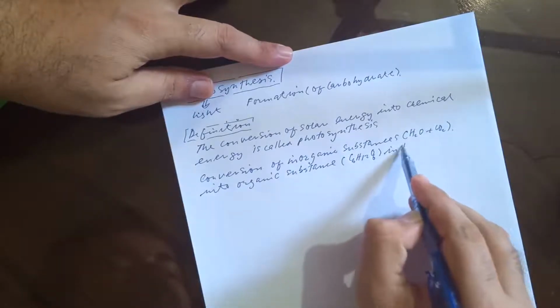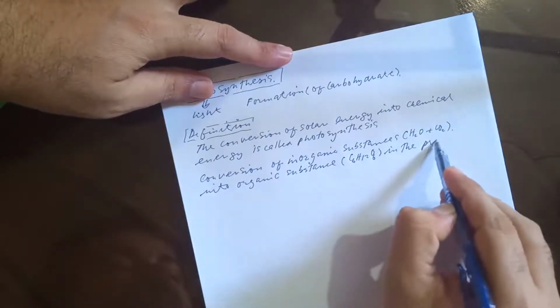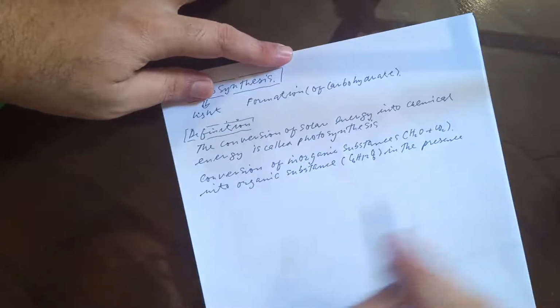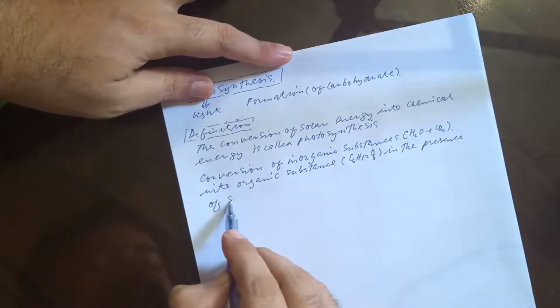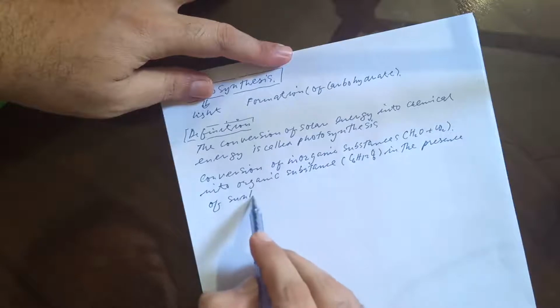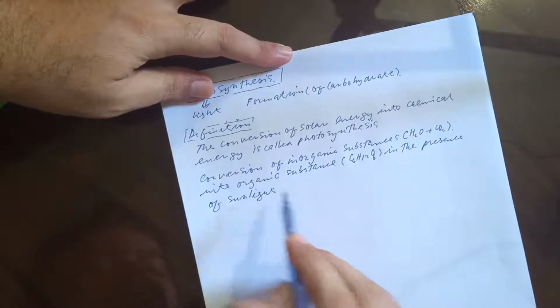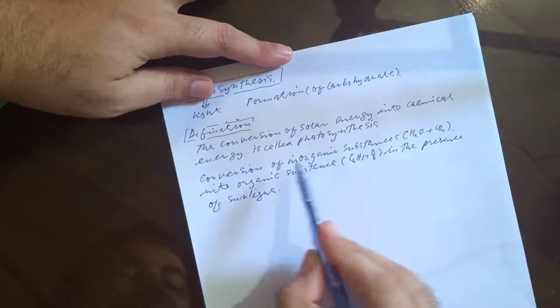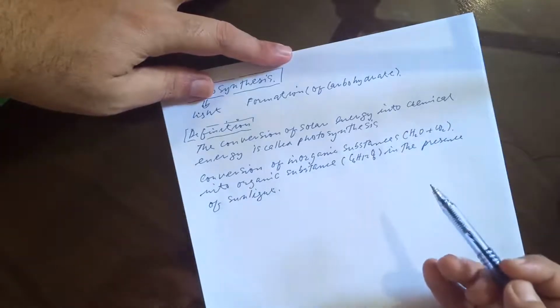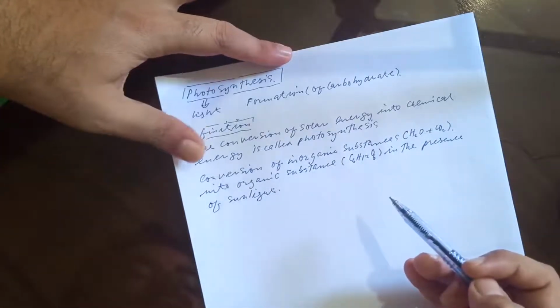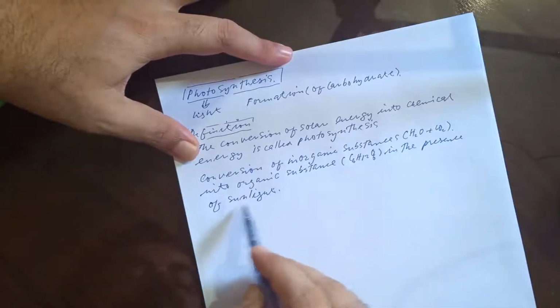In the presence of sunlight. You cannot convert inorganic substances, say water or carbon dioxide, into organic substances without sunlight.